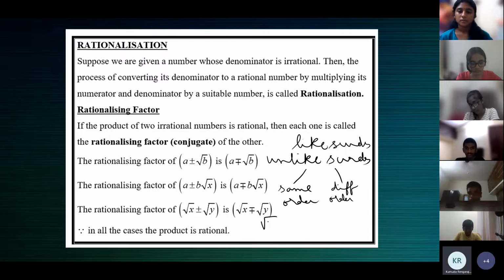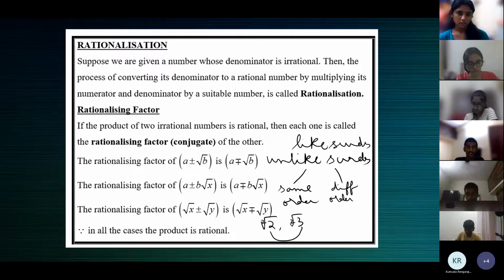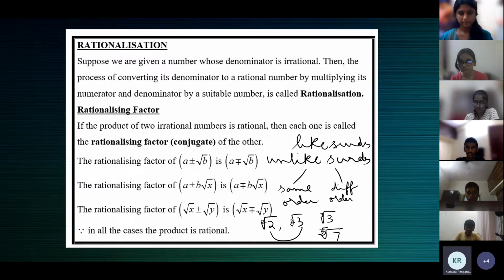For example, root 2 and root 3 are unlike surds, but of the same order 2. Now, if we write cube root of 3 and 5th root of 7, they are unlike surds, but of different order, 3 and 5.